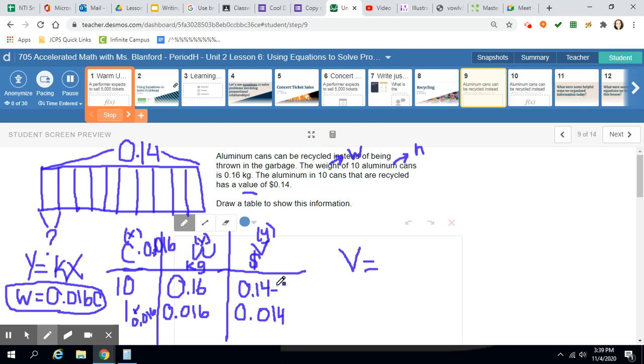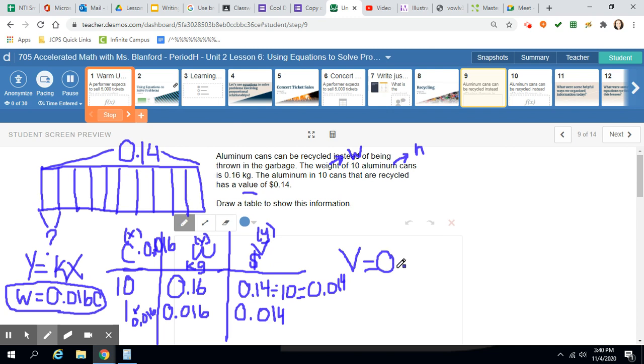So when I did this, and we got this 0.014, well, that's our COP, right? That's what we multiply 10 by. And it's what we multiply 1 by to get this. So we're going to say, so the value of the cans is equal to the constant of proportionality, right?